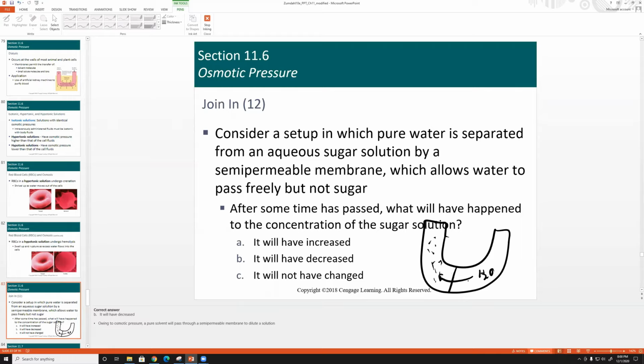But only the water can move through the semipermeable membrane. So the water level here will decrease, the water level here will increase, thus diluting the sugar. They'll try to make it as close to the concentration of the pure water as possible. So good job, Eric. It will dilute it and decrease the concentration.